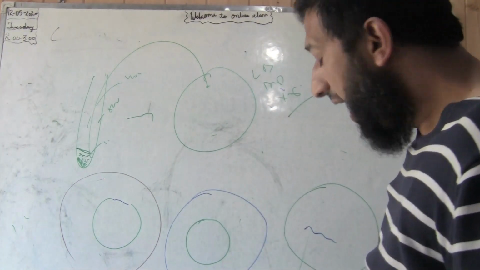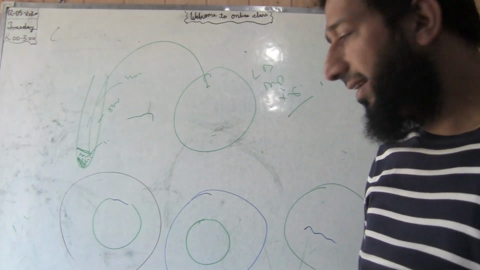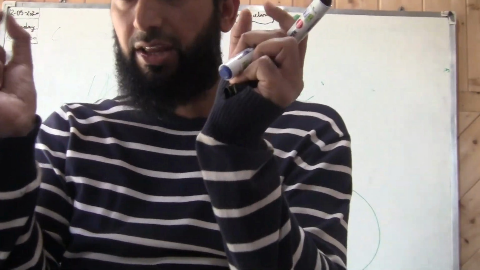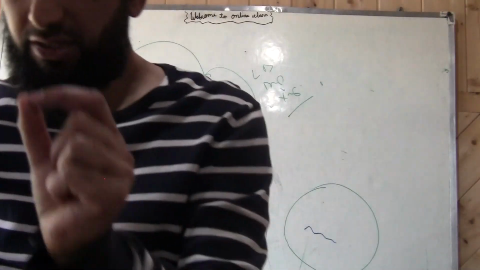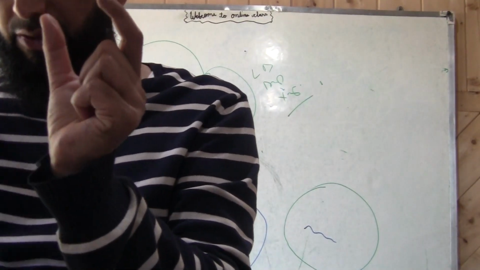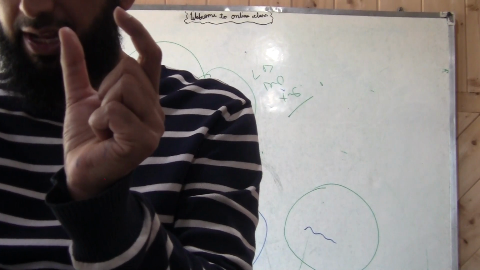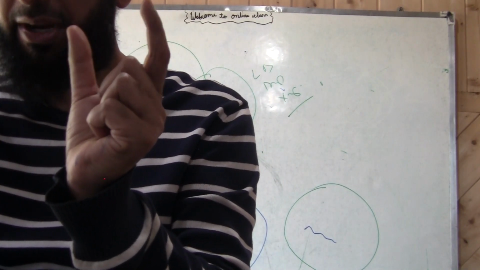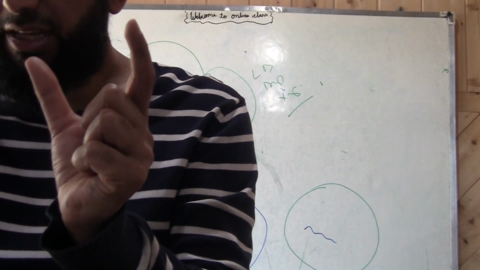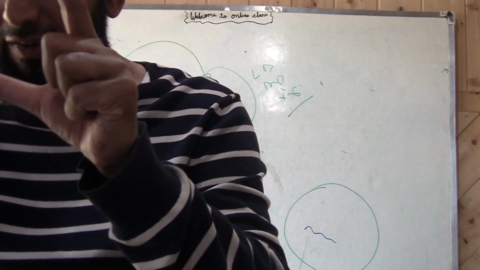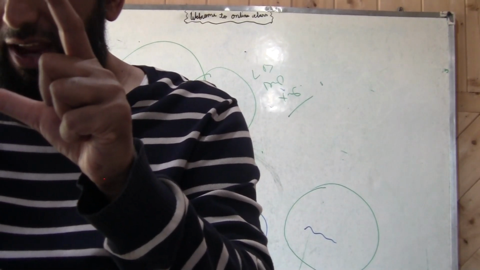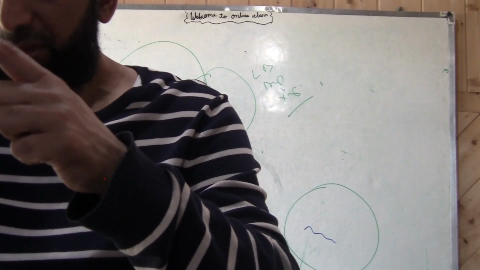Another case might occur where you have one vector and another vector. You digested this vector with EcoRI, right? You digested this vector with EcoRI. Now either an insert will go inside this or they will religate. But it can also happen that this is complementary to this, because it has the same restriction site. So they will religate with each other.